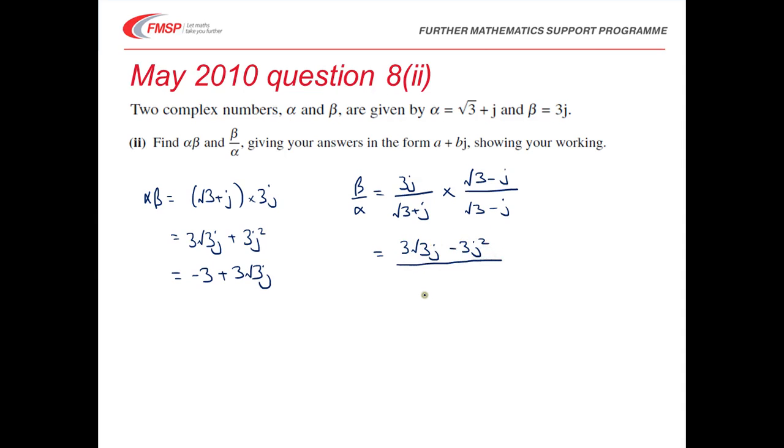And difference of two squares on the bottom, that's 3 minus j squared. So j squared is minus 1, so minus 3j squared is 3. We've got 3 plus 3 root 3j on the top, and 3 plus 1 on the bottom. So that's 3/4 plus 3 root 3 over 4j.